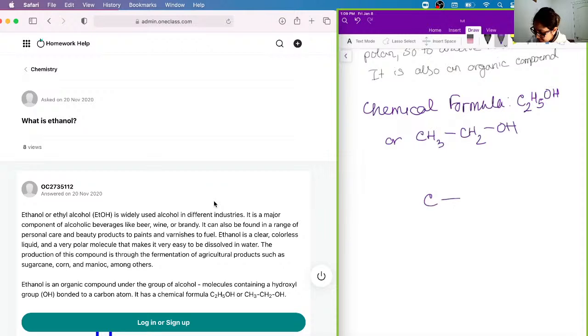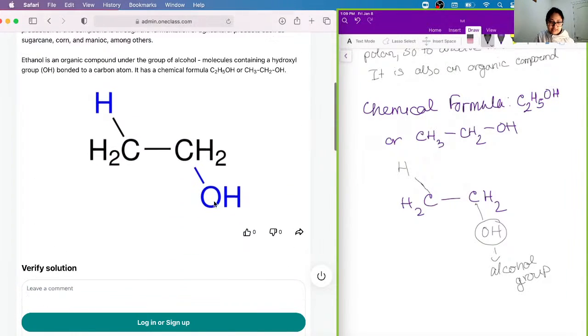So you have C, H2, H2, you'd have an H here and an OH. Okay, so this is your alcohol group. This is where it gets the name ethanol. The OL at ethanol means it has an alcohol group attached to it. Okay. And so yeah, this is correct.